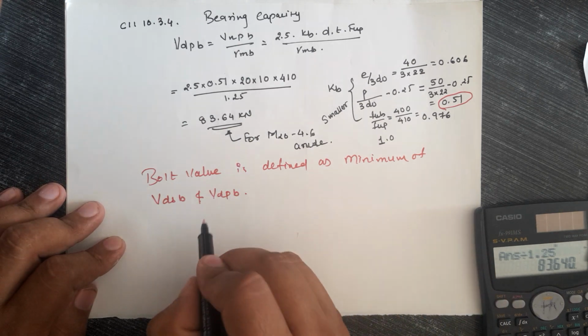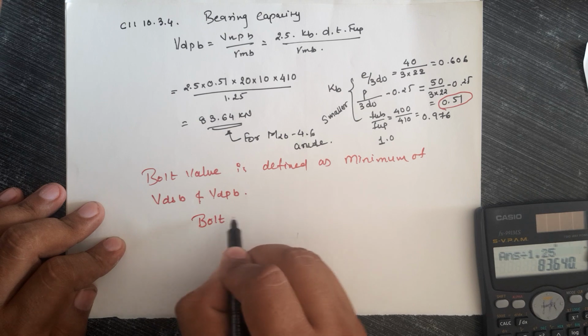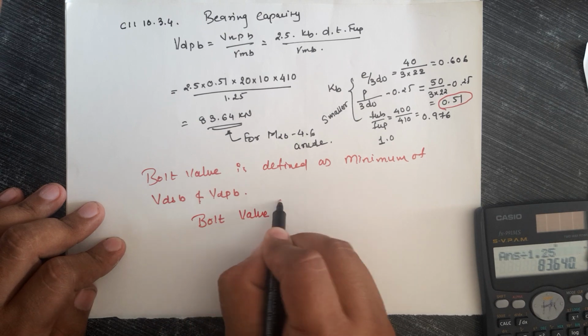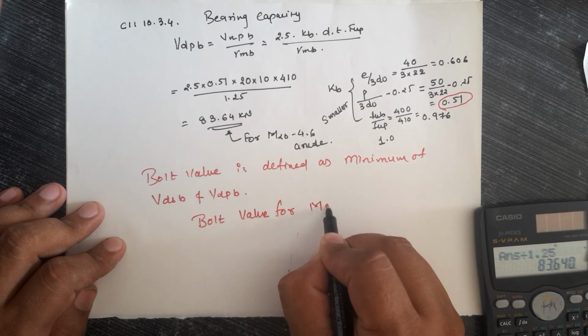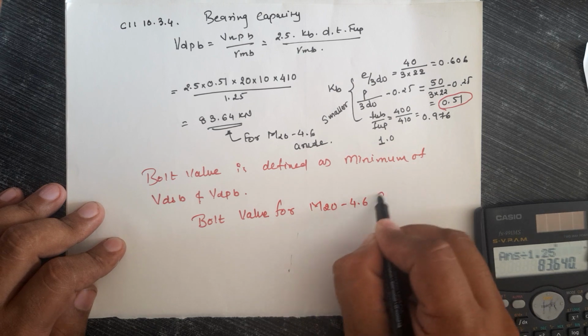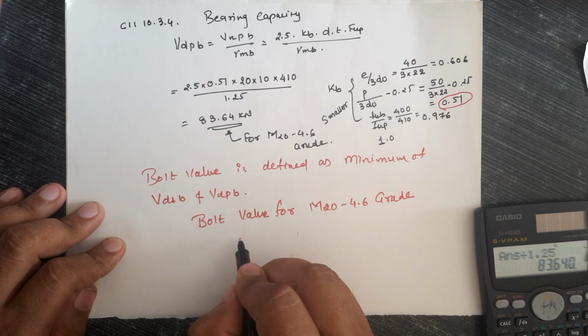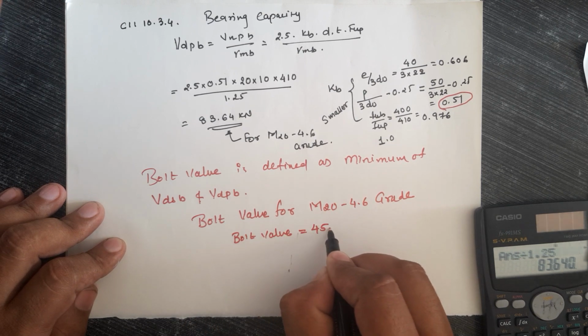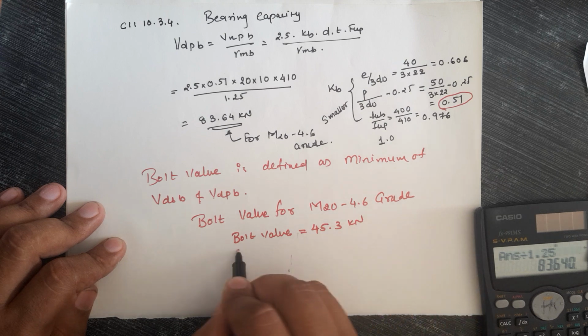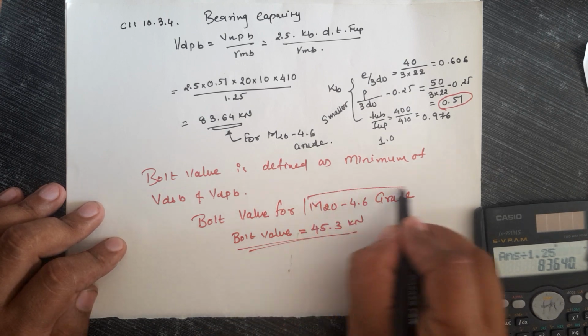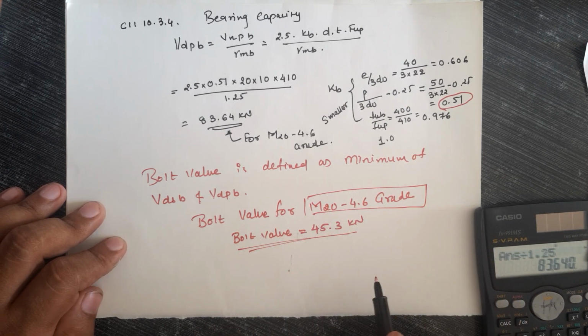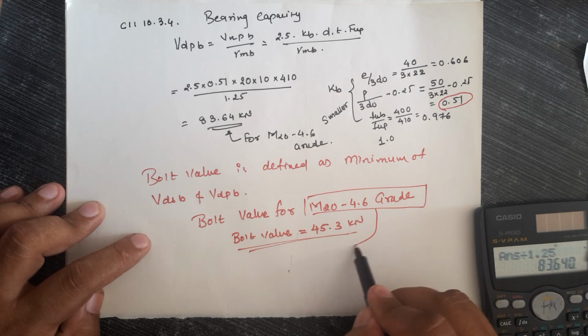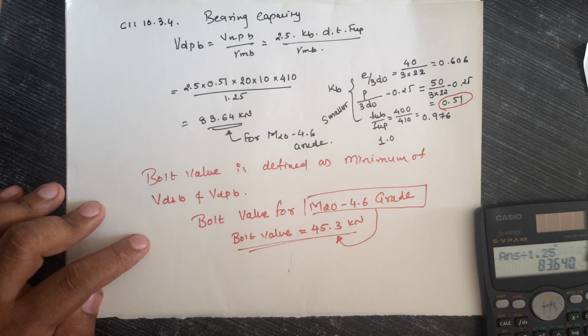So from this we have the bolt value for an M20 4.6 grade bolt as 45.3 kilonewton. It means that whenever an M20 4.6 grade bolt is given, we directly take 45.3 kilonewton as the bolt value. Thank you.